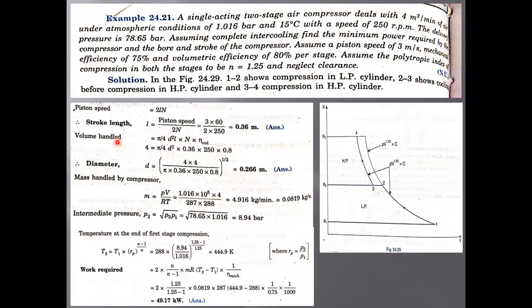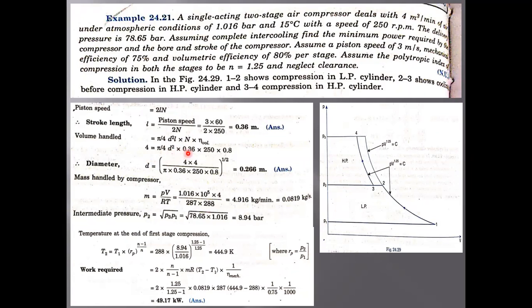So we already know how much volume is handled here, which is the 4 meter cube per minute of air taken in. This volume handled is pi by 4 d square L into N, and he has given the volumetric efficiency, so take that value also. The volume handled is 4 meter cube per minute, equal to pi by 4 d square.